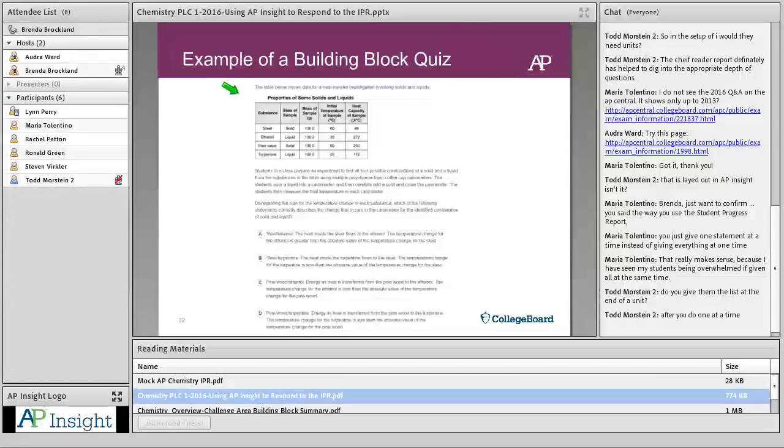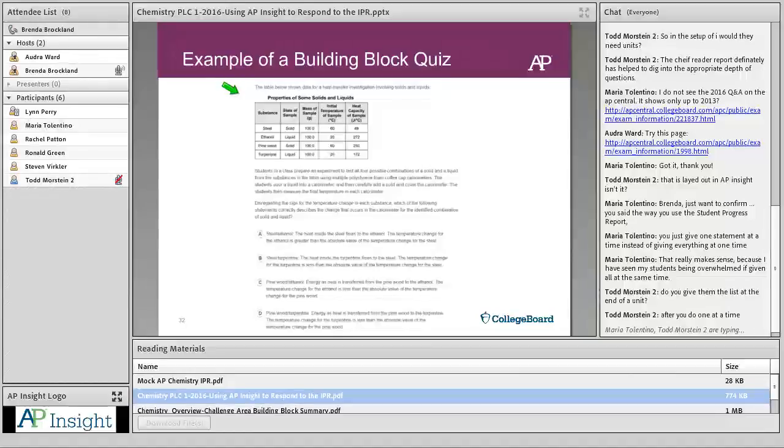The student gets some tips of the trade, some extra information that's going to help them out. So really take those building blocks and use those quizzes to give yourself an idea of how they're doing, ahead of the game, before the students have even taken the AP exam.